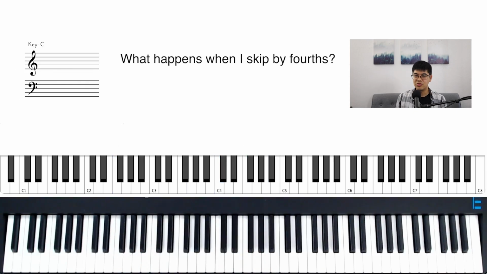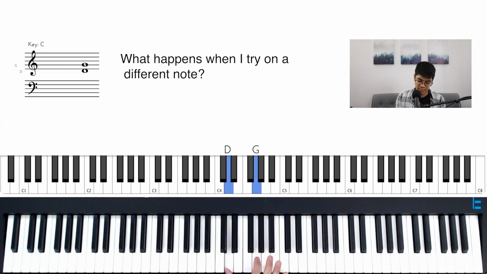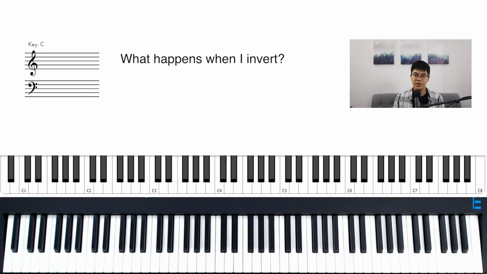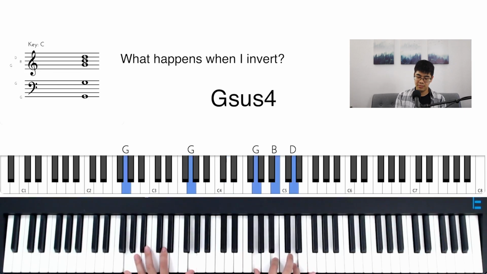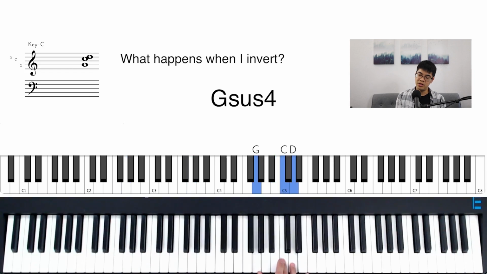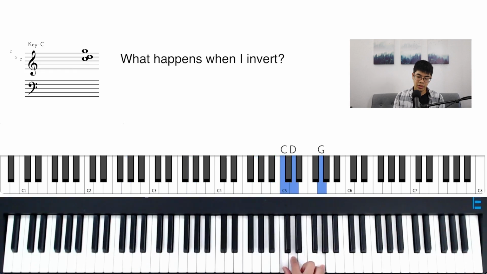So that was interesting, but what if I keep exploring that? Start on D in the context of the C major scale. So I get this. And then what happens if I invert it? What happens when I rearrange the notes? I put the D on top, it becomes a G suspended 4 chord. And if you invert again, you get a C sus2 chord.